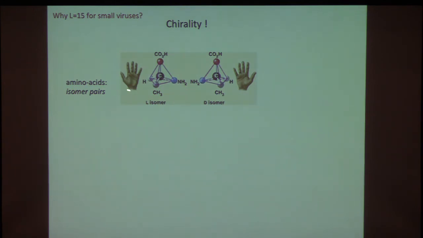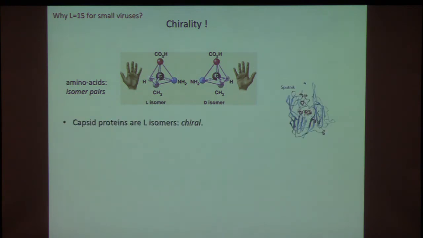Capsid proteins are made of amino acids, and amino acids are chiral molecules. You have left-handed and right-handed molecules. Most natural amino acids are left-handed, certainly the ones in your body, apart from some of your bacteria, and the capsid proteins are all left-handed, so they're chiral structures.